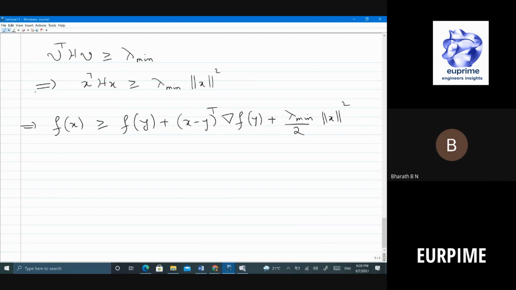How? If I say that the max eigenvalue of the Hessian is lambda max, I can also get this.